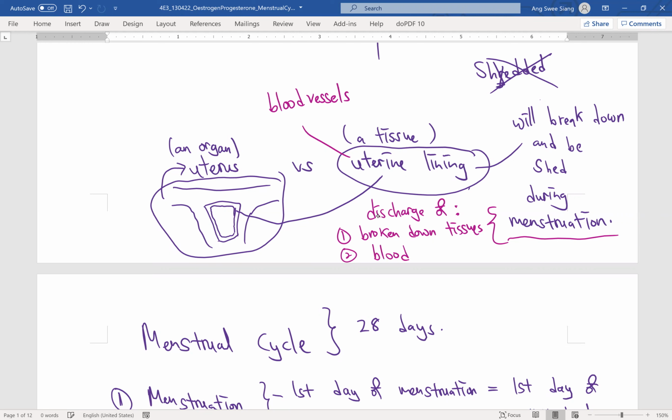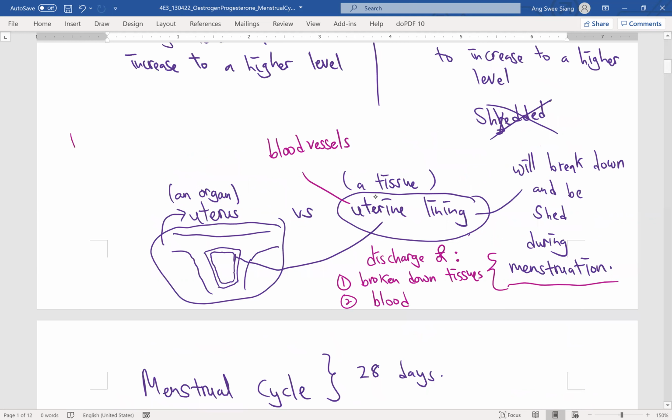Menstruation will only happen if there is no fertilization in the previous menstrual cycle.